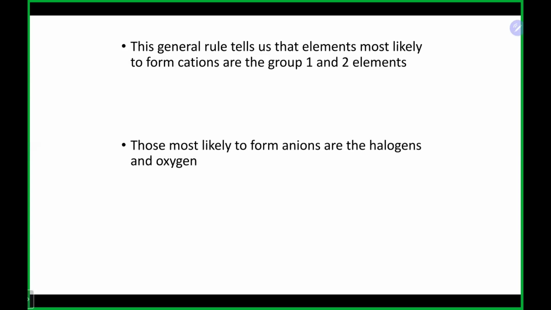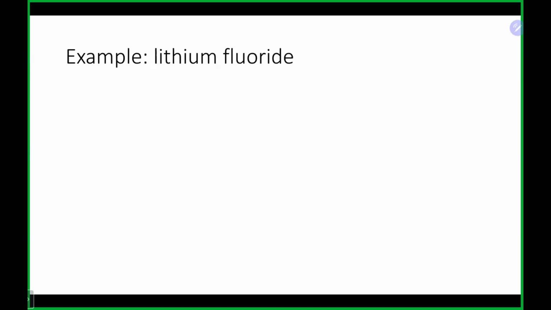So basically, our metals, group 1 and 2, are mainly what we deal with when we talk about bonding: group 1, group 2, group 3, aluminum type situations. When we get into our non-metal region, our halogens, oxygen, those guys, we're going to get some type of negatively charged species forming.